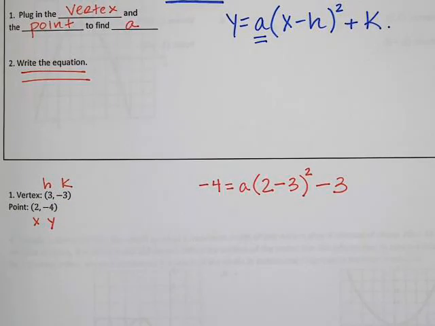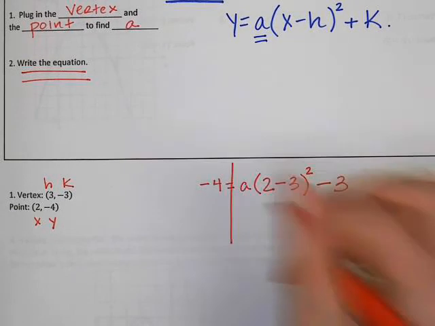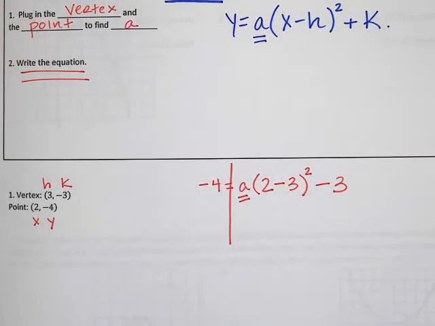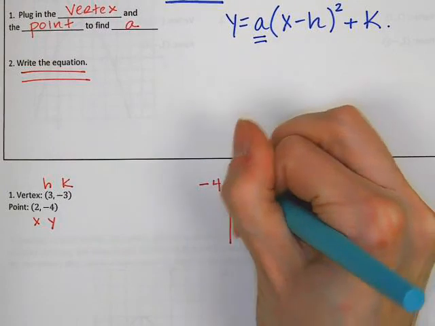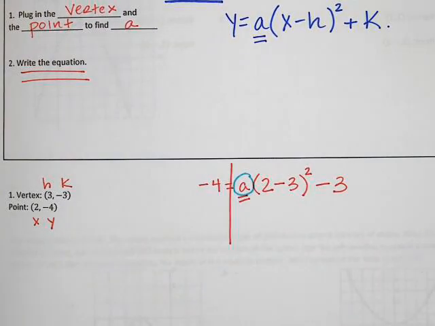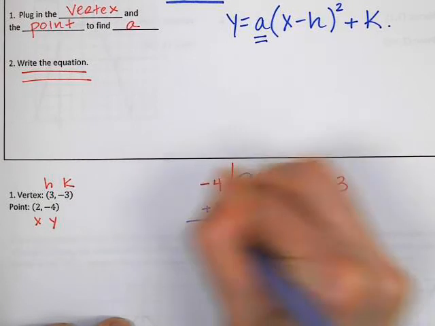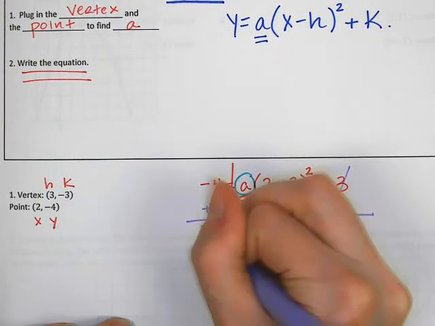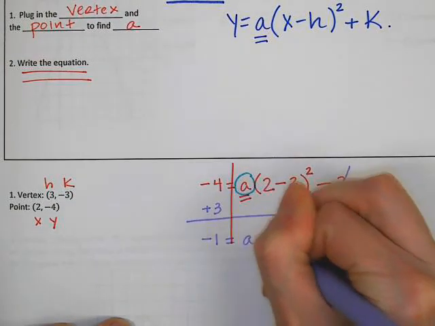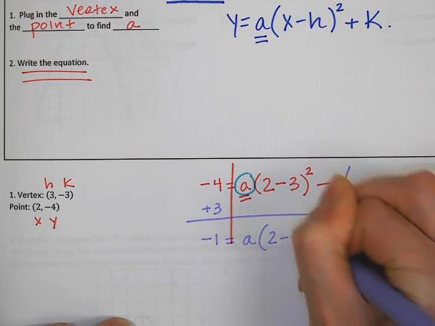Same thing. Okay, you guys now have to draw the wall and you have to solve for a. We're trying to get a alone. So, what should we do first? I would probably start by adding the 3 over. So now we're at -1 equals a times (2 minus 3) squared.